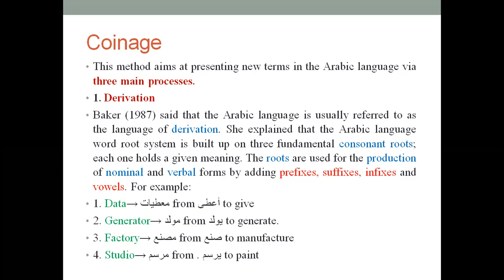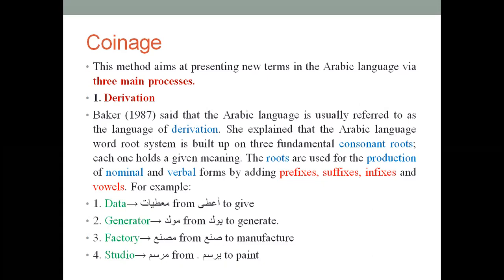العربية هي لغة الاشتقاق. Look at, for example, كاتب, يكتب, maktub, maktaba. All of these words are derived from one root, one Arabic root, which is كتب. يعني هذه الأربع كلمات فقط مشتقة من جذر واحد في اللغة العربية وهو كتب.